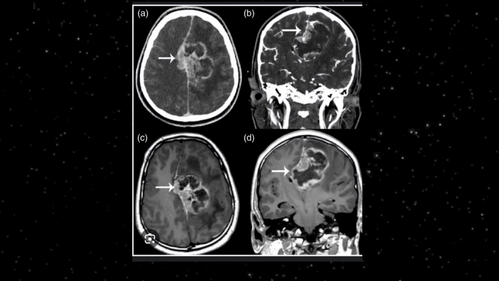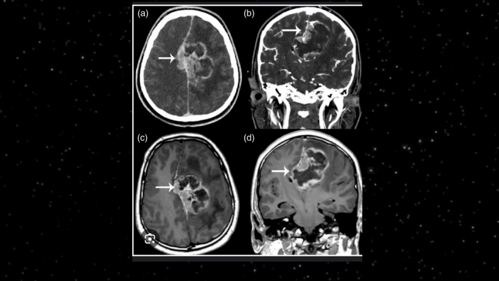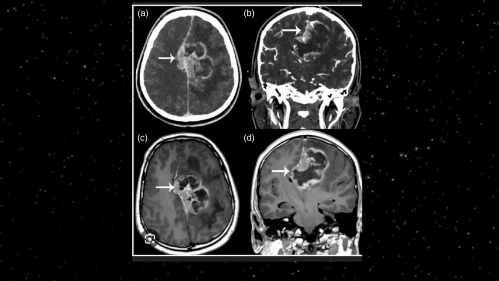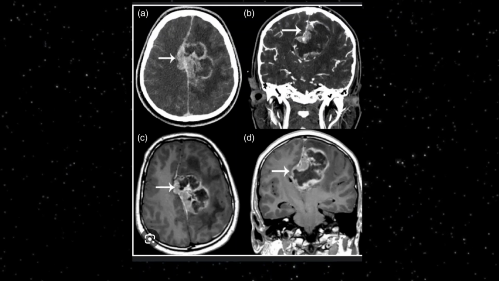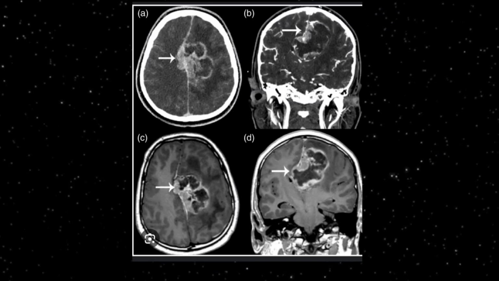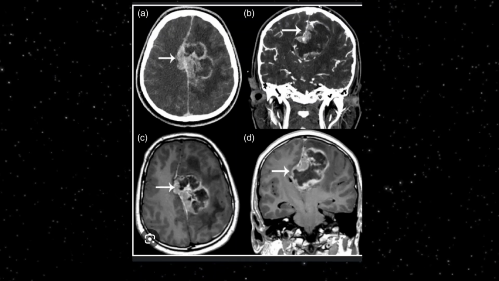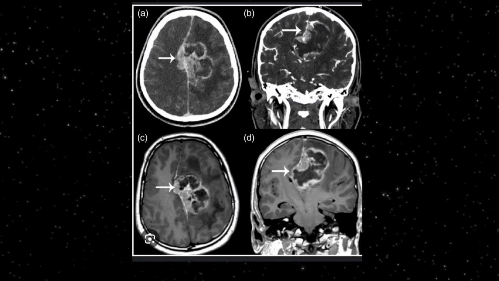All the infiltrative features can be seen. Midline shift is there, causing compression to the anterior horn of the lateral ventricle. The contralateral ventricle is dilated, causing hydrocephalus. So this is the feature of glioblastoma multiforme on CT images.